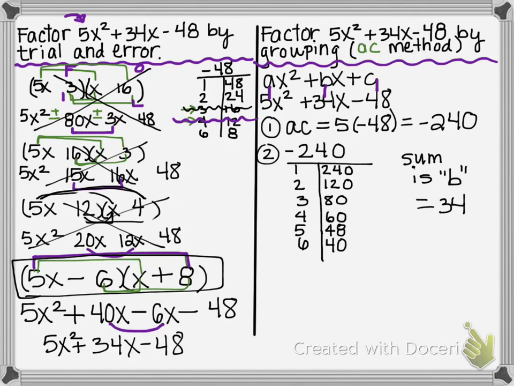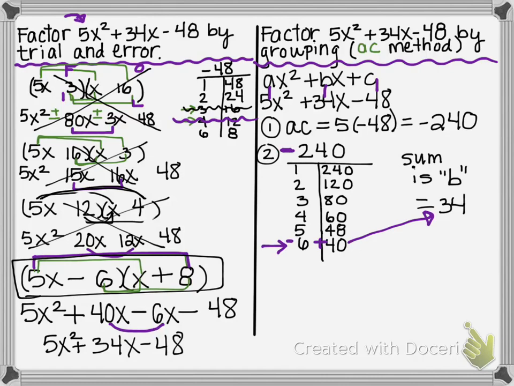Now, I could keep going, but hopefully when you get to 6 and 40, you see that those are the pair that will add up to positive 34. Remember, if we're multiplying to negative 240, one of these factors has to be negative. So if I make the 6 negative and the 40 positive, negative 6 plus 40 will give me that positive 34 that I'm looking for.